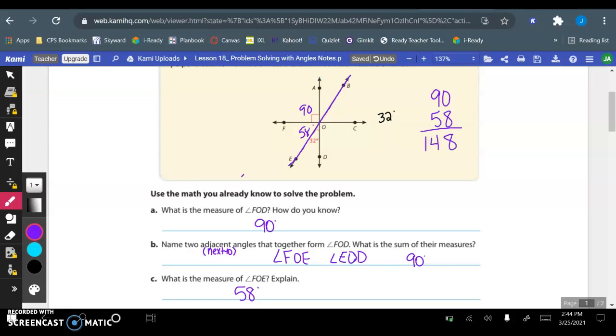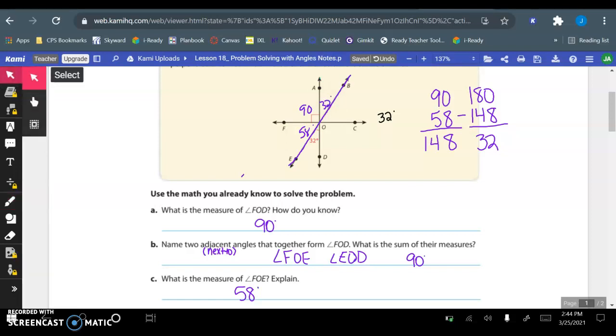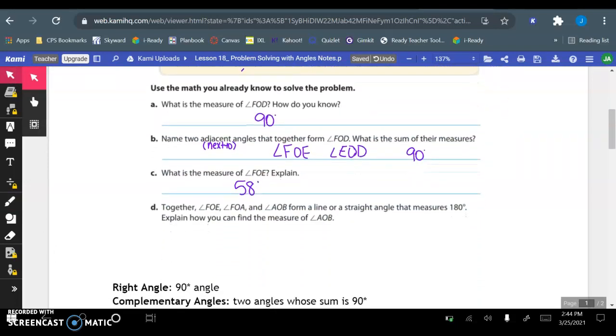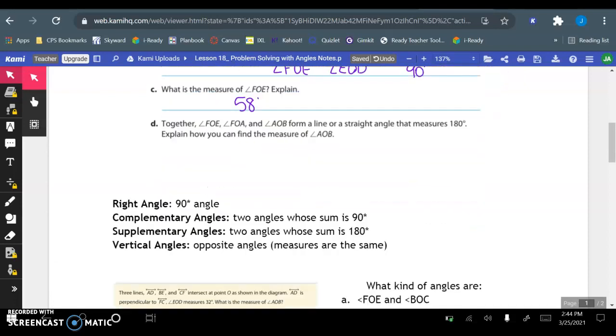And then we also know that they form a straight line, which is 180 degrees. So we subtract the 148 from 180. So that would be 32. So that's another way to prove that that angle is 32 degrees, other than just knowing it's a vertical angle from the other one that's given to us. So that's my explanation there for part D.